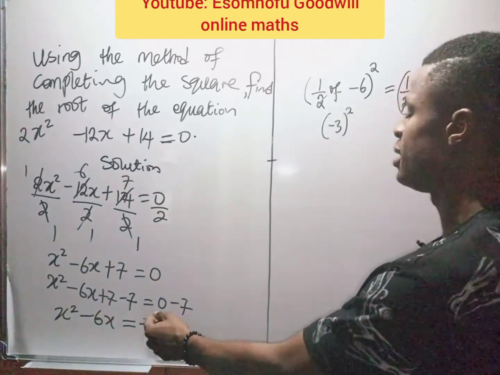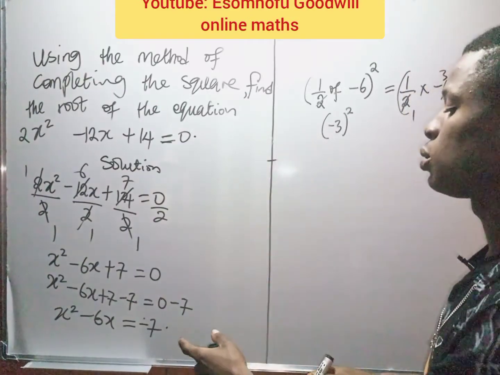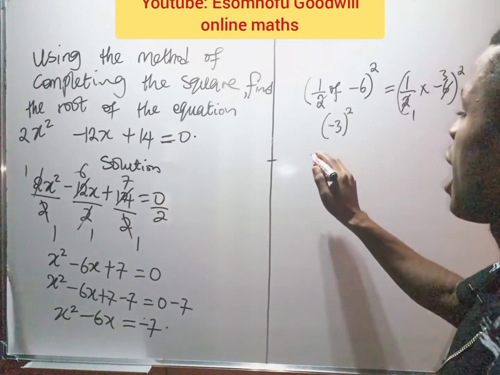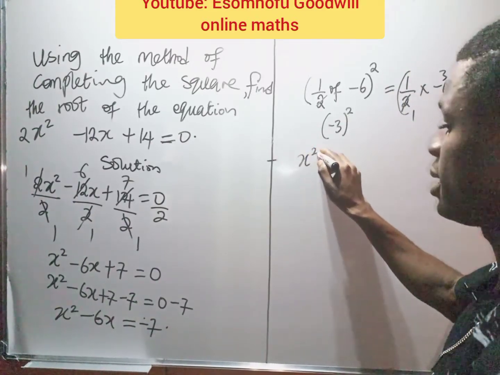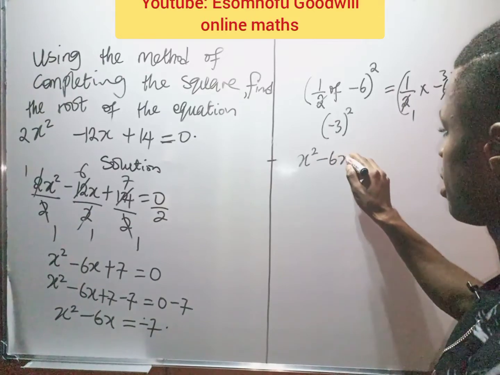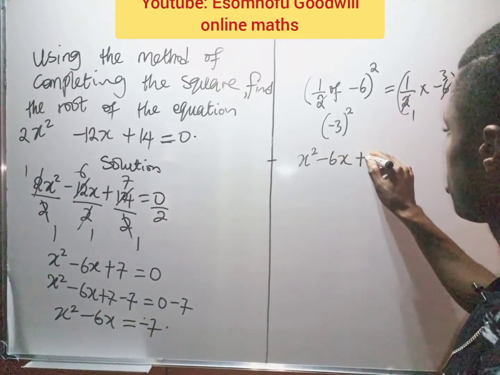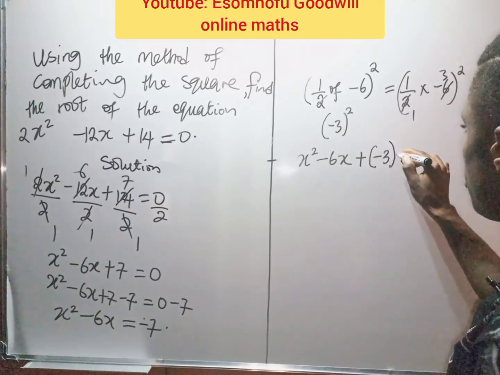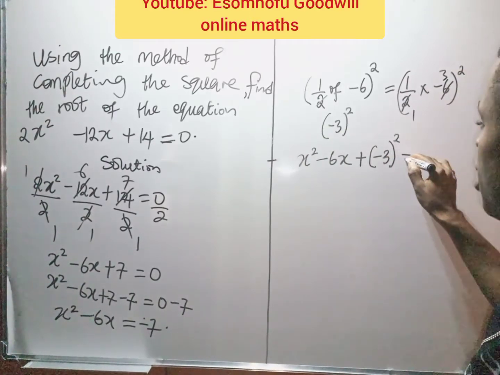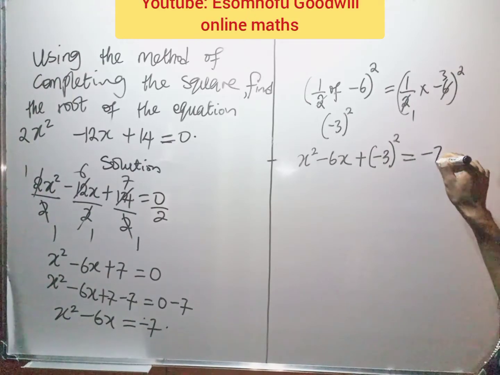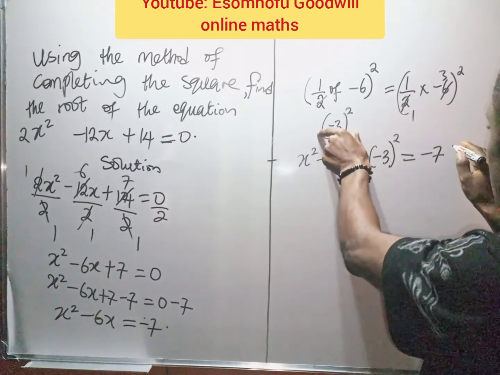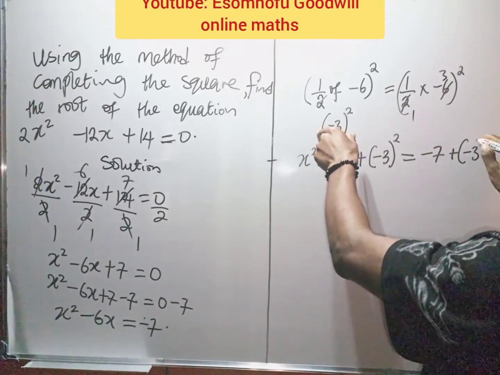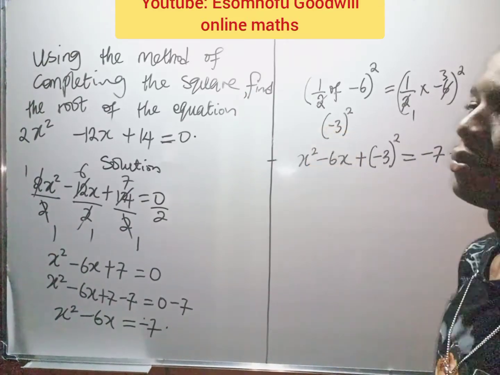To complete the square, we need to add this term to both sides. So I have x squared minus 6x plus minus 3 squared is equal to minus 7, the same term that we have gotten, plus minus 3 all squared.